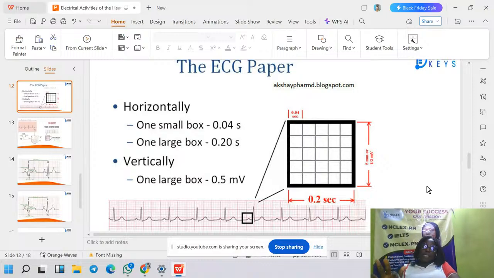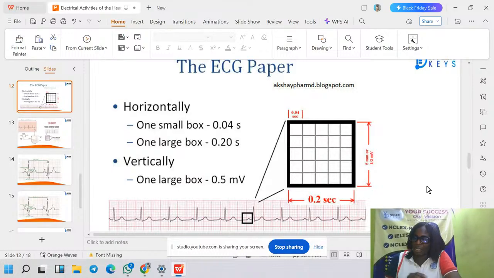Now, do you see the difference between the one on my screen and the one I posted? The one on my screen is a 6-second strip, so you just count the R's straight and multiply by 10. On the other hand, that was a 50-box strip, so you remove 30 boxes to make your 6 seconds, count how many R's are there, and multiply by 10.